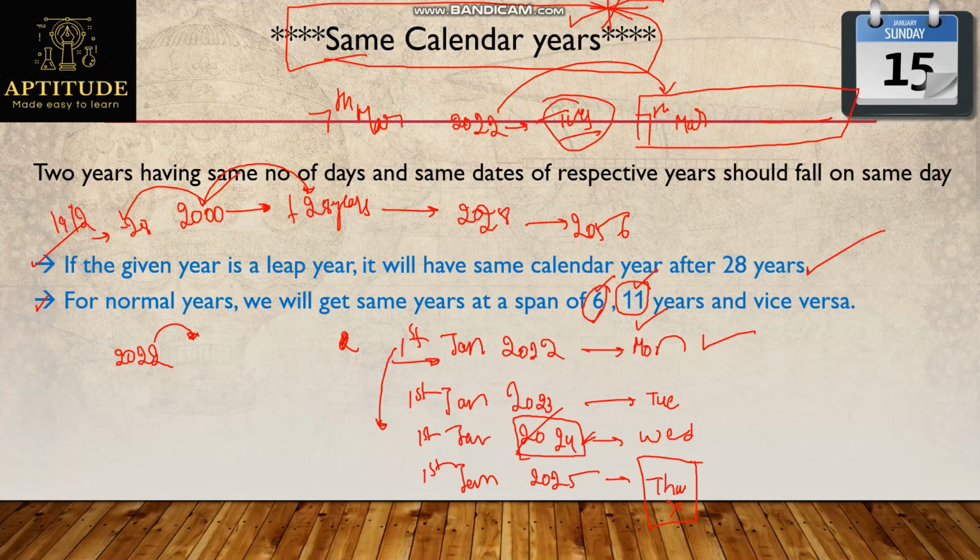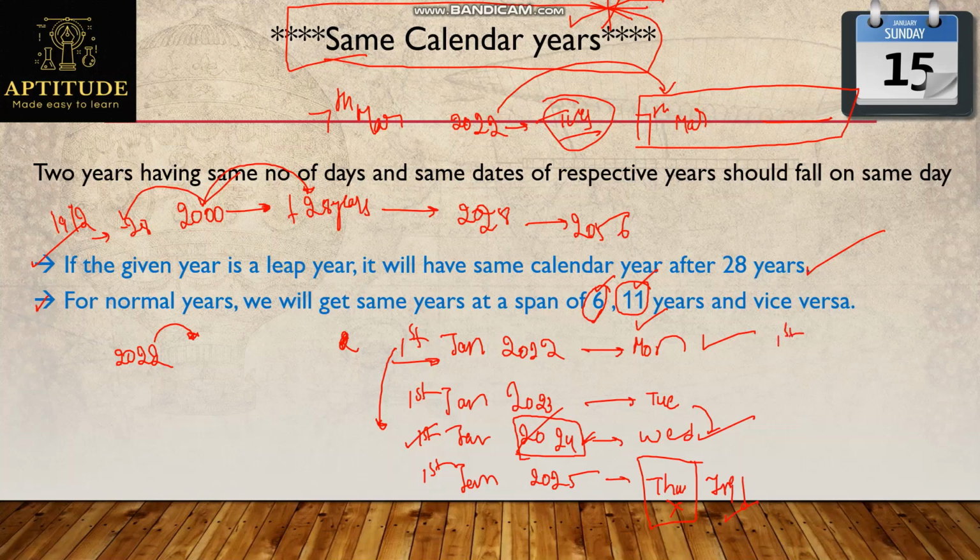So generally, the day will be moving to the next day. But as I am getting one day extra in a leap year, here it is falling on Wednesday. Next year it falls on the other successive day, not Thursday. It will come to the next day, Friday. So 1st Jan 2025 will be Friday.